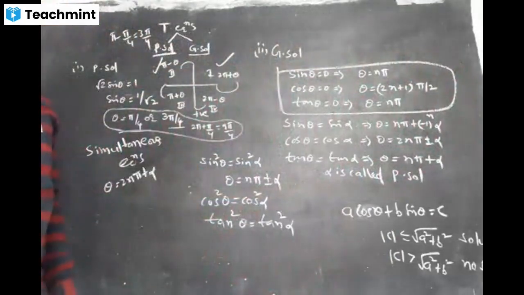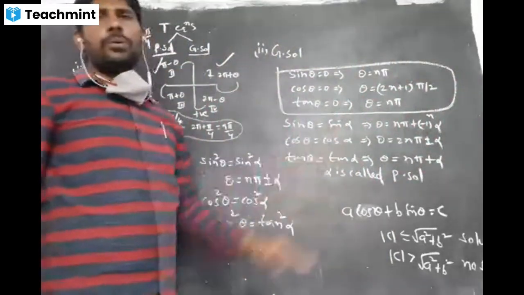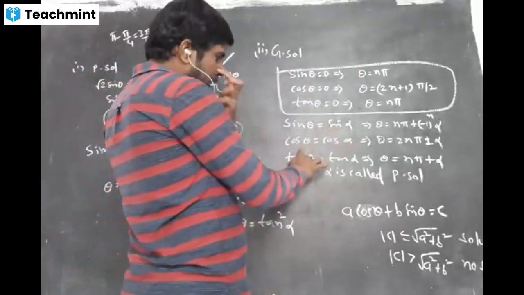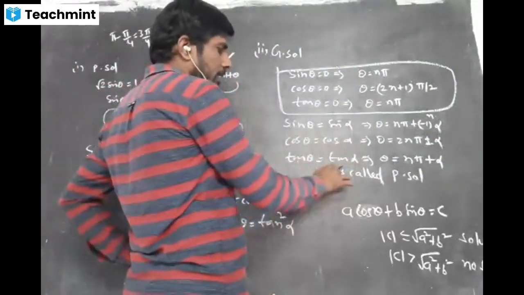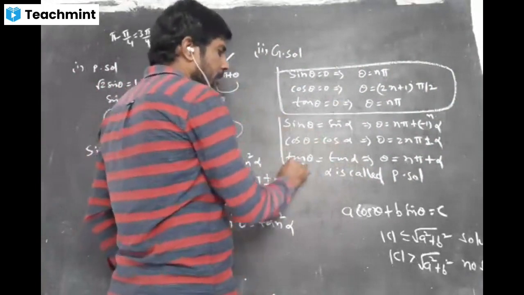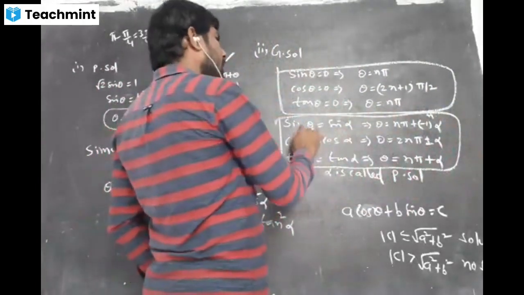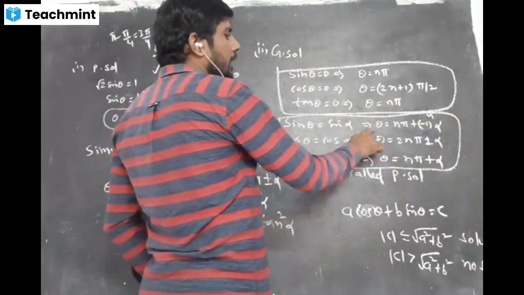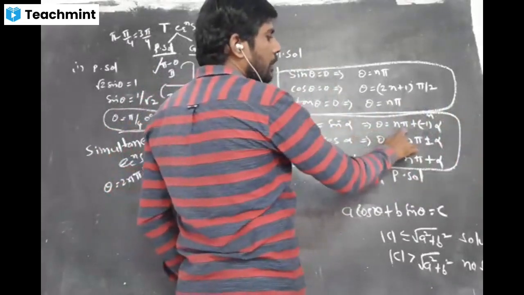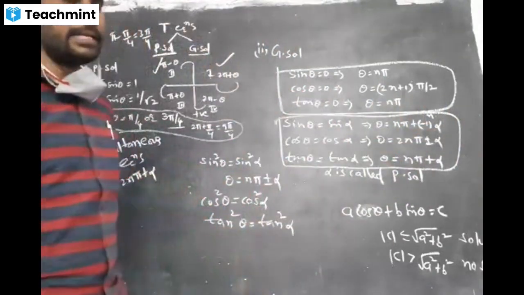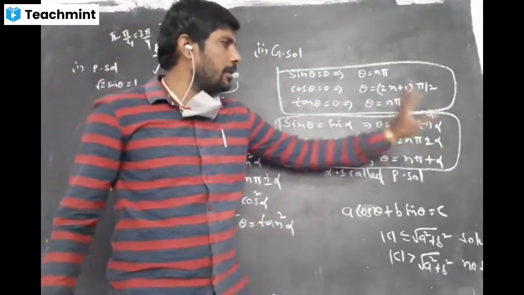And whenever it is equal to another angle: sin theta is equal to sin alpha, cos theta is equal to cos alpha, tan theta is equal to tan alpha. When sin theta is equal to sin alpha, theta is equal to n pi plus (minus 1) to the power of n into alpha.